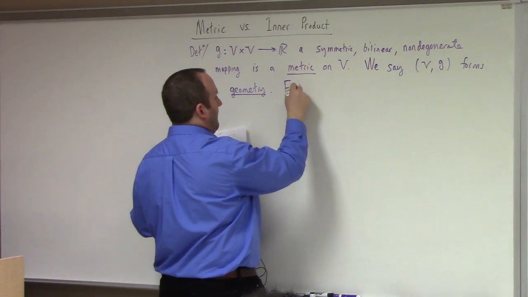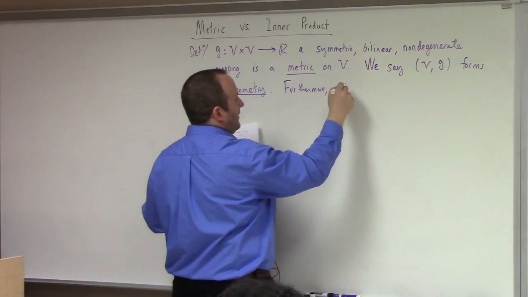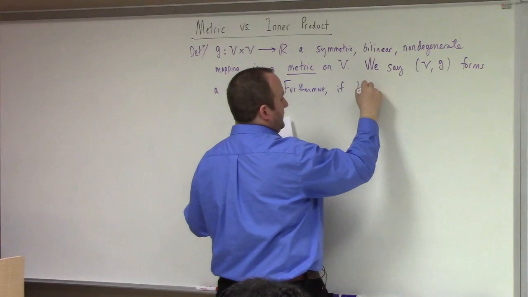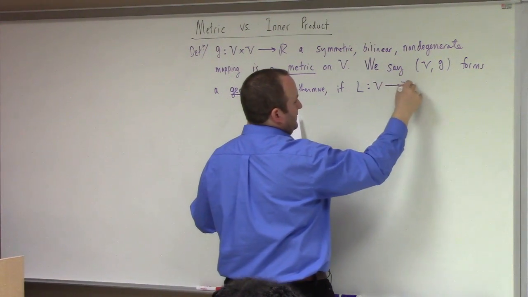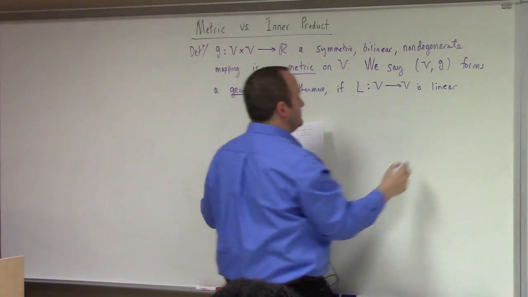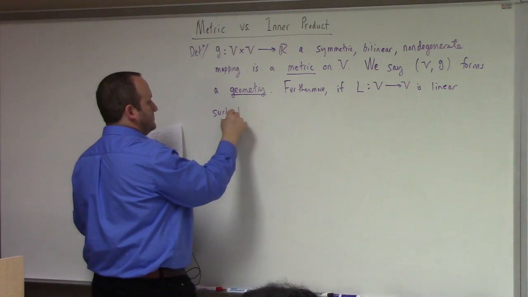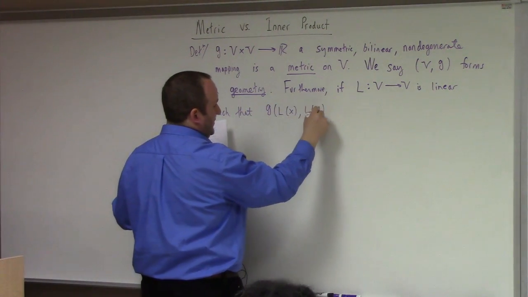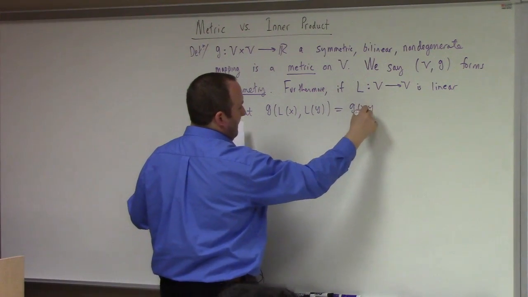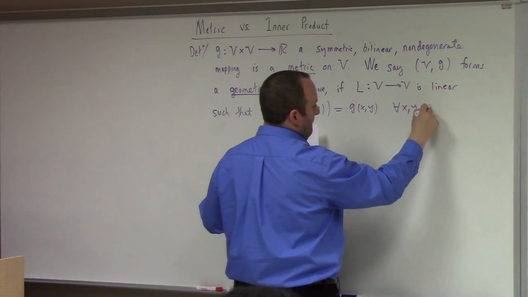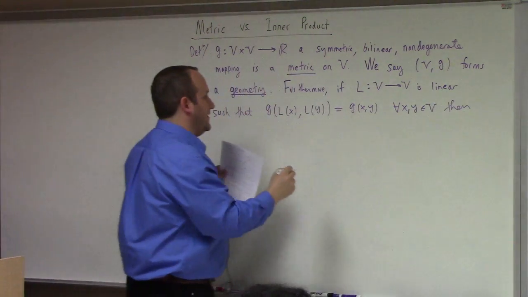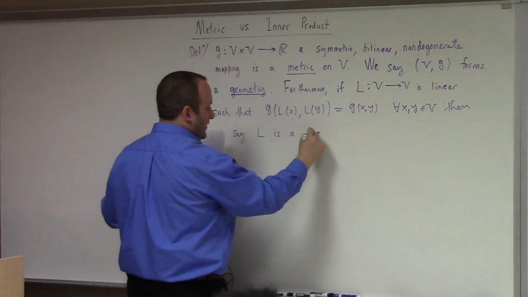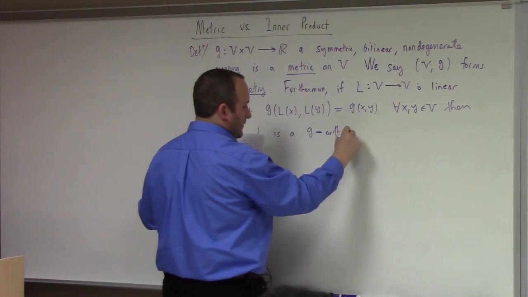Furthermore, if you have a linear transformation L from V to V such that G of L of X with L of Y is equal to G of XY for all X and Y in V, then we say L is a G-orthogonal mapping.